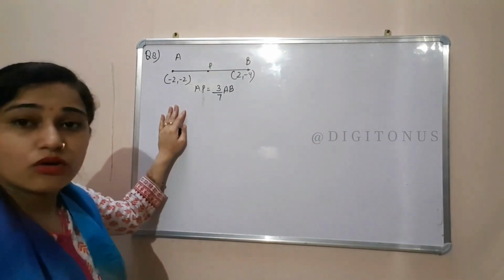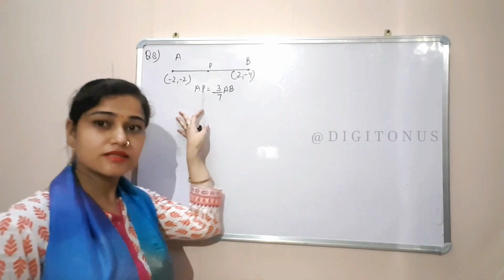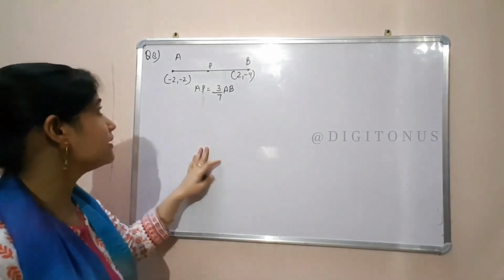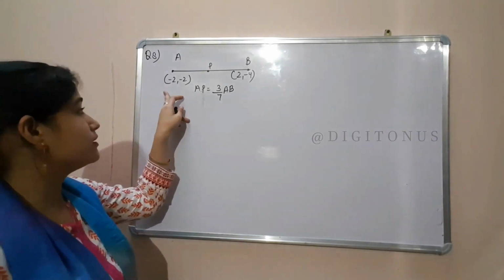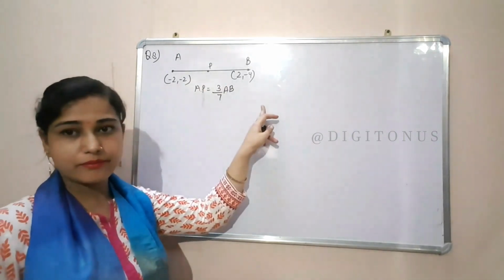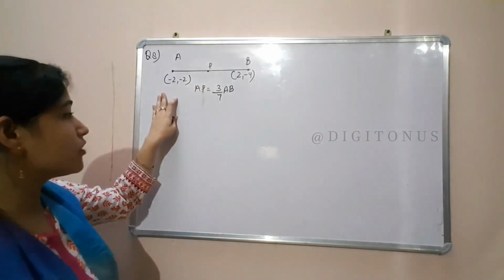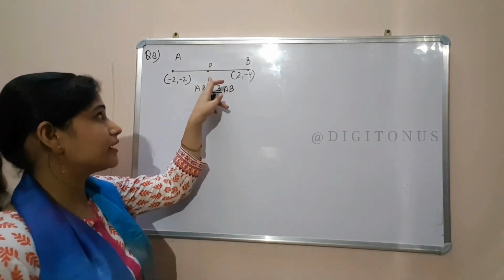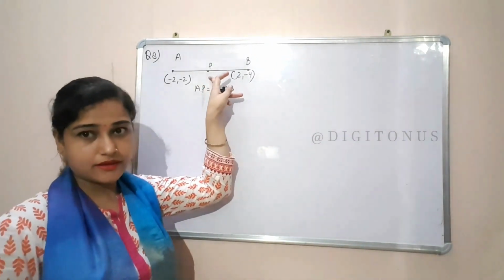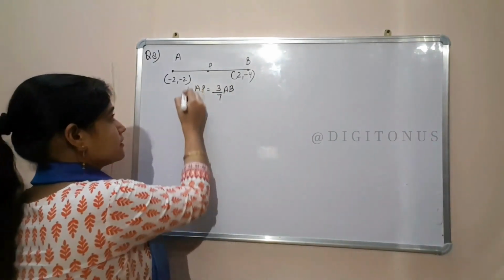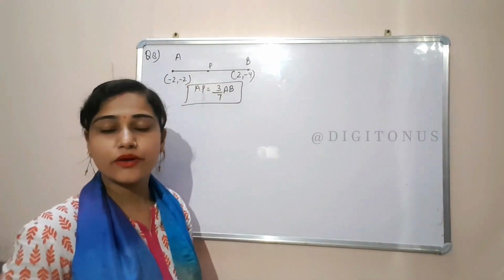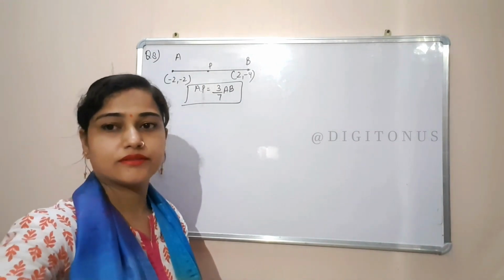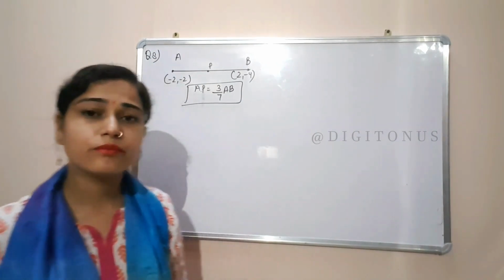Question number 8 is also very important in this exercise, this type of question. Why? It's a very simple question. If you read it, there are 2 points A and B, and the line segment joining these points is divided by a point P in this ratio. So you have to find out the coordinates of point P. Then why is this question very important?